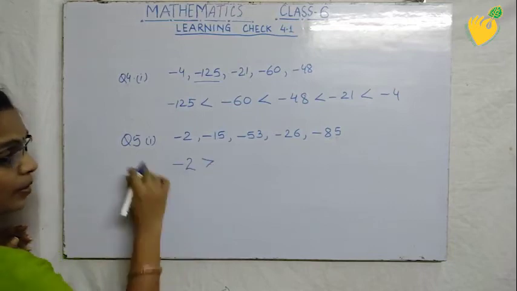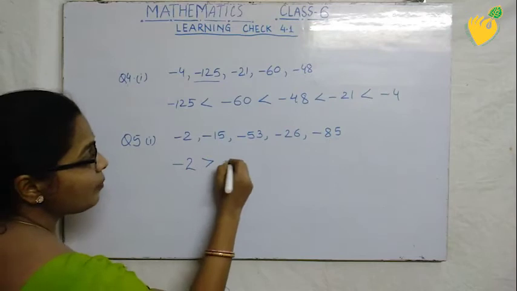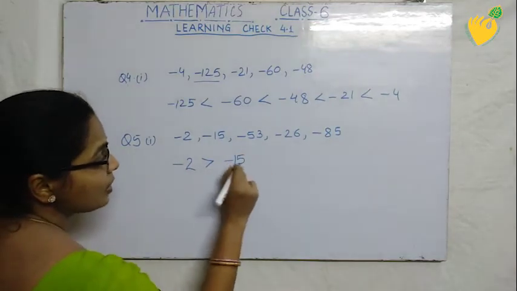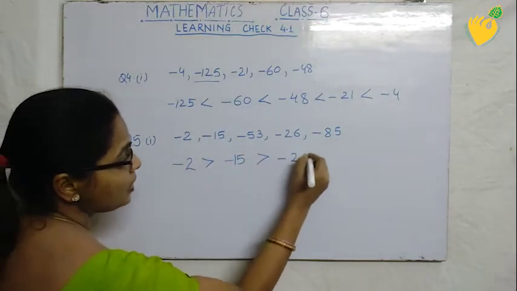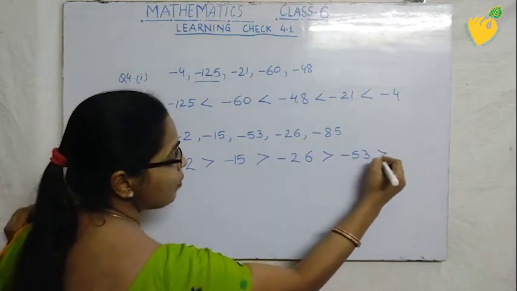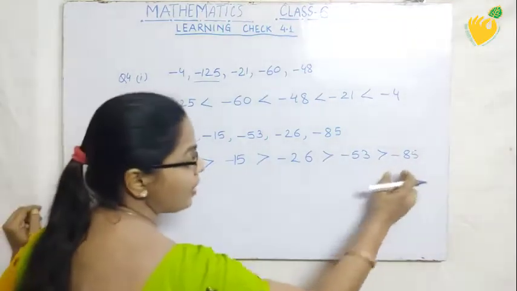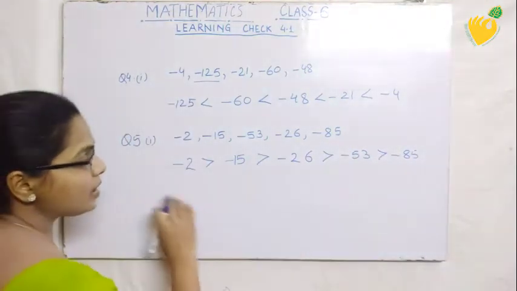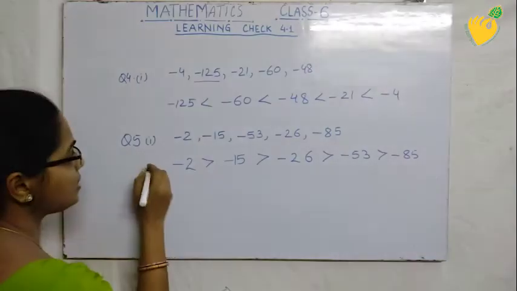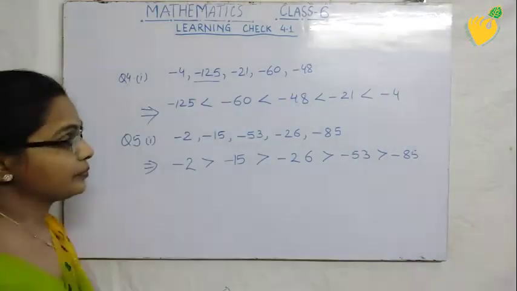Minus 2 is the biggest one among all these 5. Then after that, minus 15, then minus 26, then minus 53, and the smallest one is minus 85, because minus 85 is farthest among all these integers on the number line.